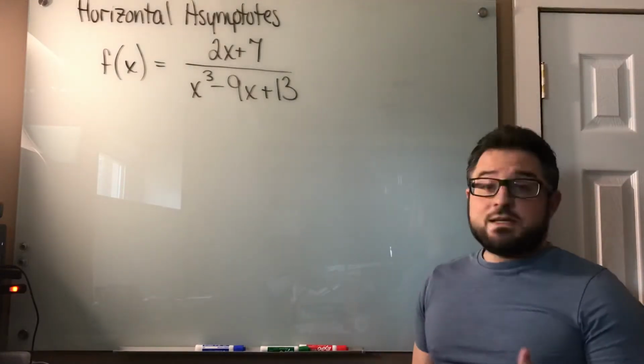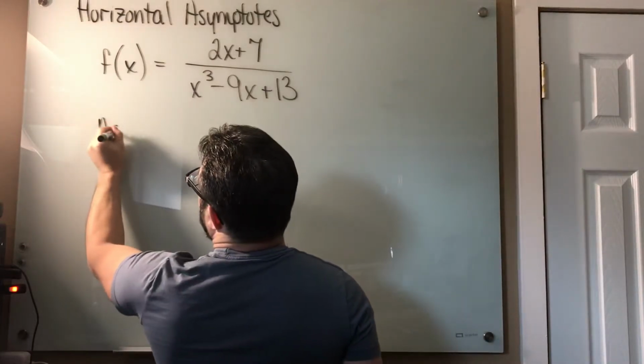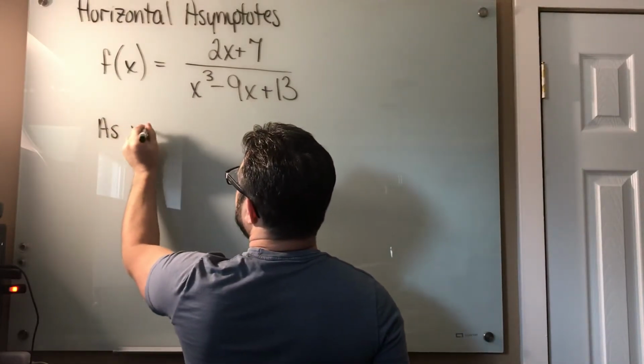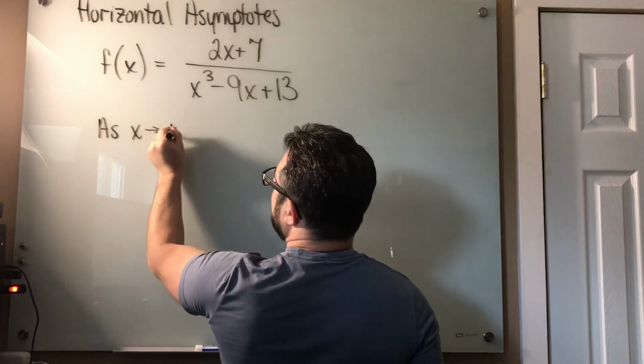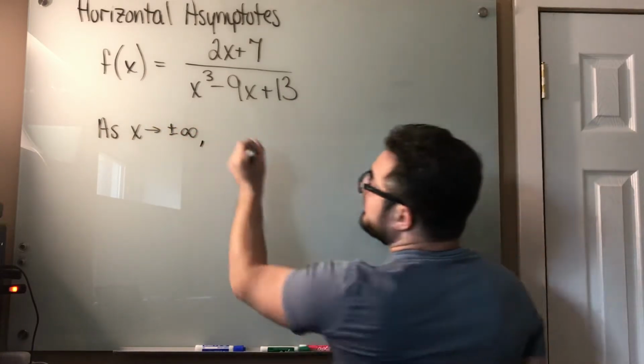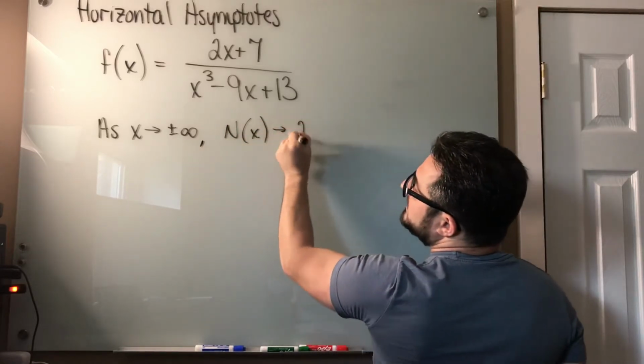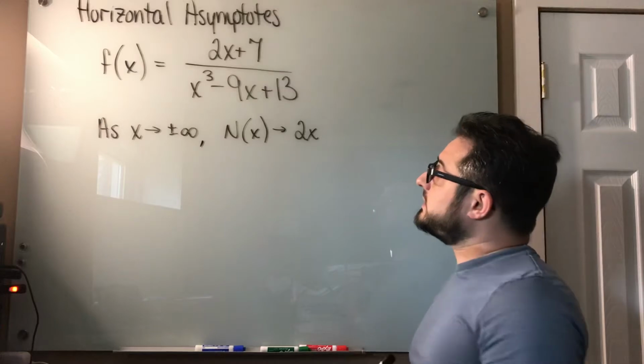The entire idea here is that as x approaches either positive or negative infinity, the numerator approaches its lead term.